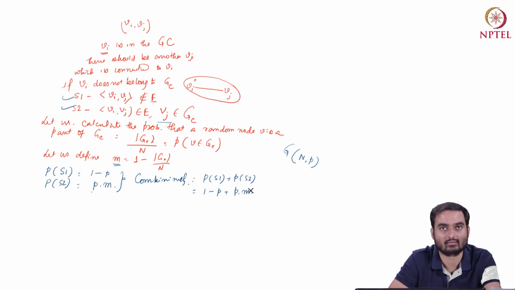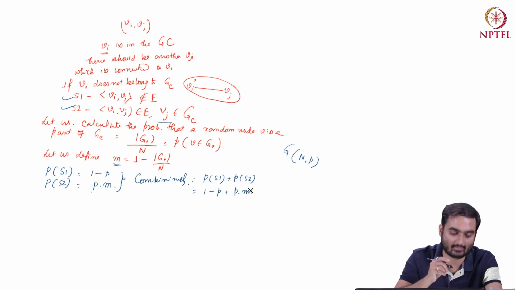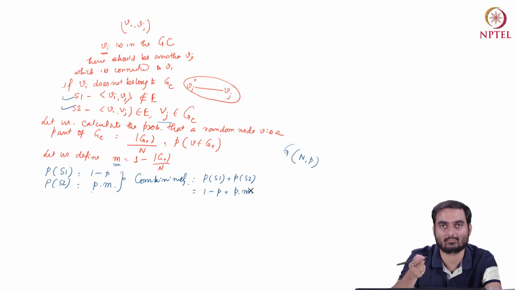What does it mean? For a particular node, this is the total probability that it will not be a part of the giant component. How many such nodes are there? We have already fixed a node, Vi. So how many other nodes are there? There are n minus 1 other nodes.